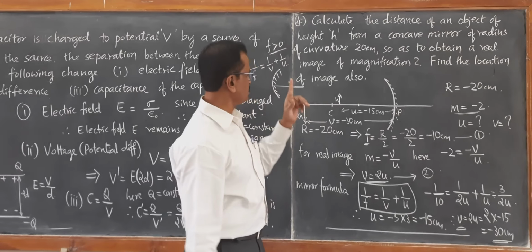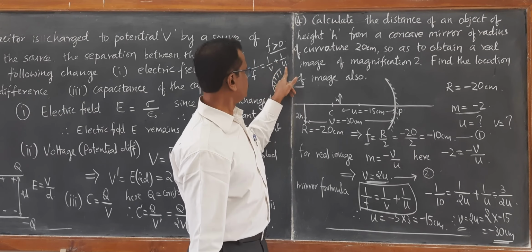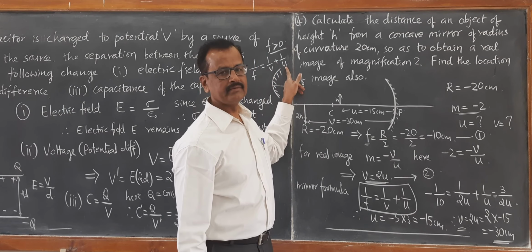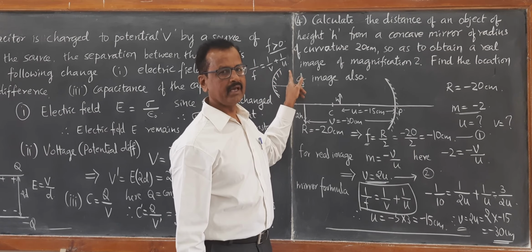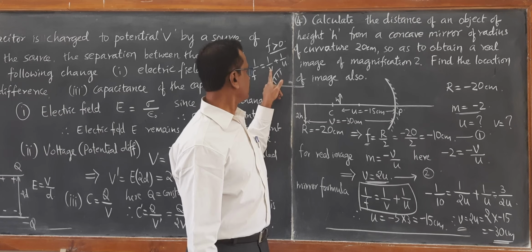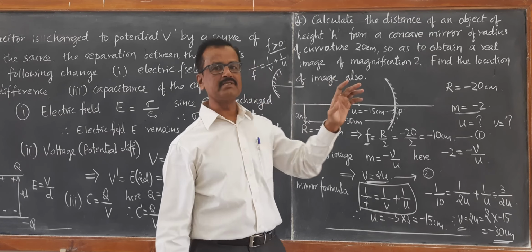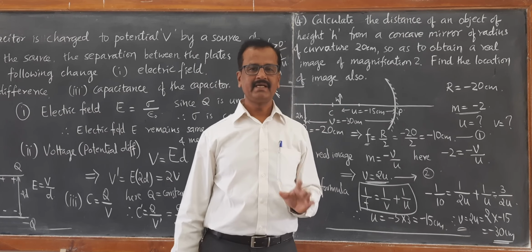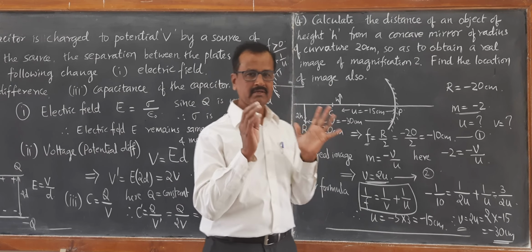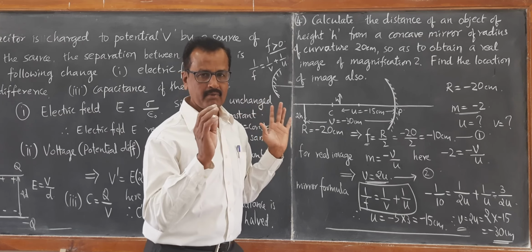F should always be positive, and object distance should always be negative. This is possible if and only if the image distance is positive. I think you got the logic here.